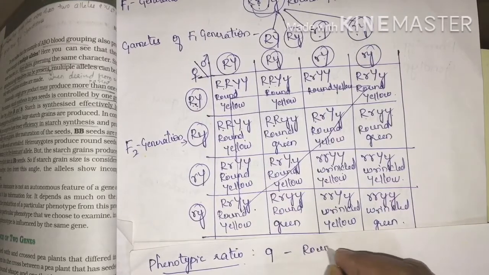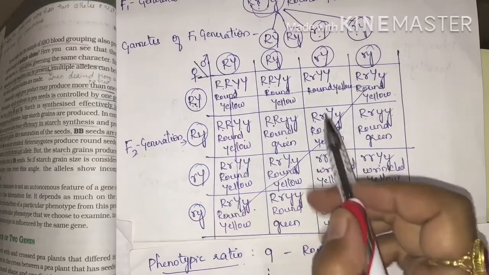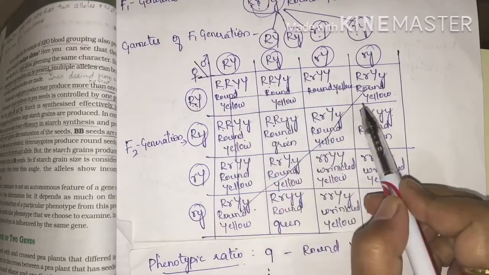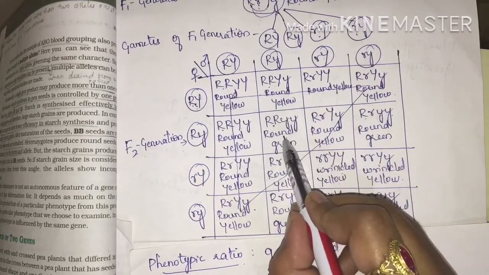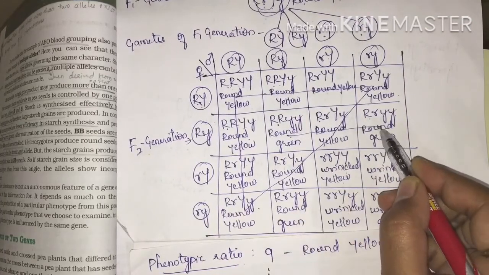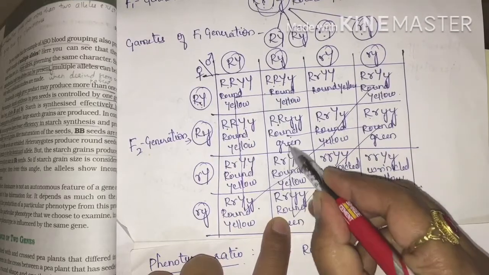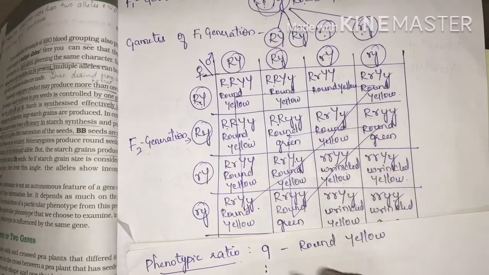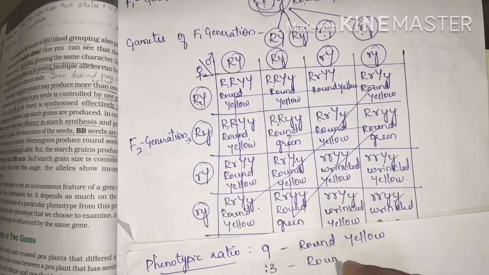Round yellow. Okay, then this we have counted. What mark I have given, that has been counted. Leaving that, we have got here round green 1, one more round green, then here you will have one more round green. So I shall make like this. Okay, 1, 2, 3. 3 round green.